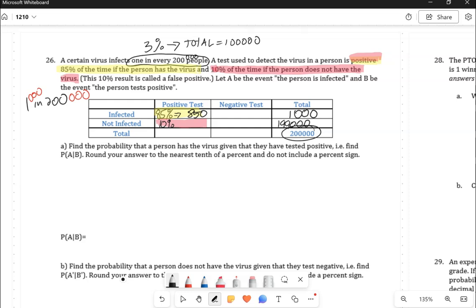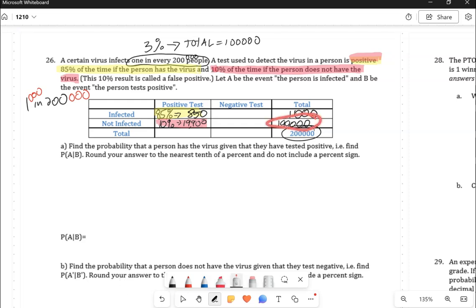So in other words, out of the 1,000 people that have the virus, because it's only 85% of the time positive for those people, 850 people are getting a positive test. Applying the percent and the total there, 10% just wipes out a 0. That would be 19,900.